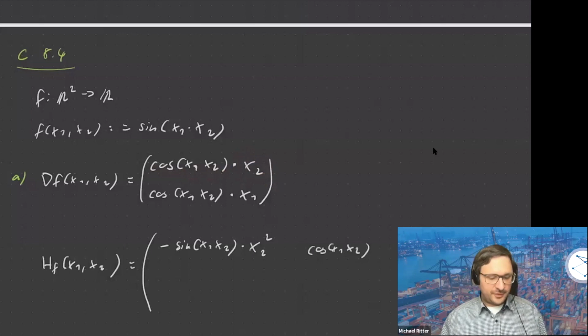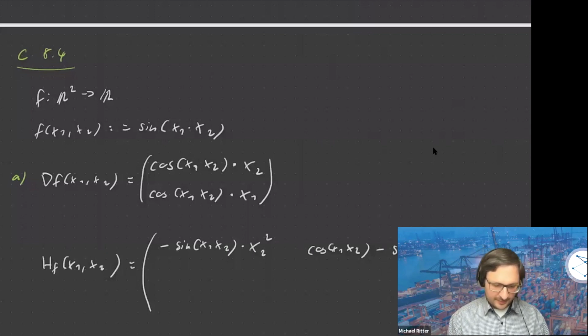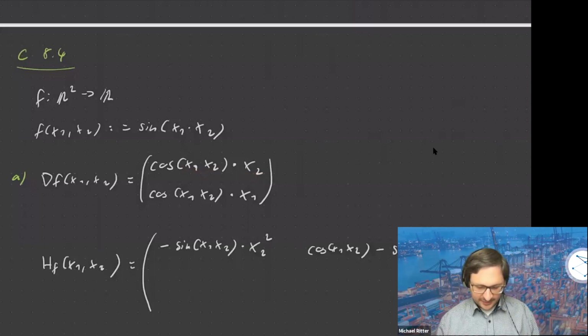We already computed the derivative of that cosine expression. Basically, again, we get minus the sine, and then again, we have to multiply with the derivative of that inner function. So we get minus the sine of x1, x2. Differentiating that inner function with respect to x2, that derivative will be x1, and we still have this x2 here. So that's times x1, x2.